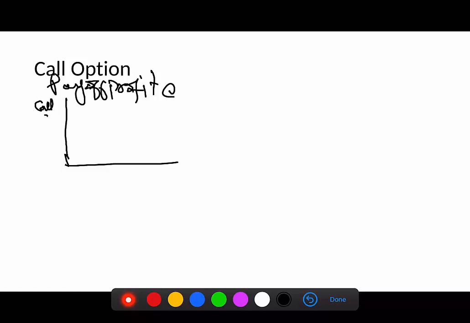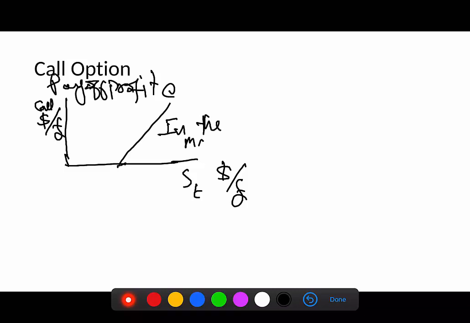This is in terms of dollars per pound, where pound is the base currency, and this is the spot rate at time t. So now the payoff profile is something like this, and this is the in the money zone.